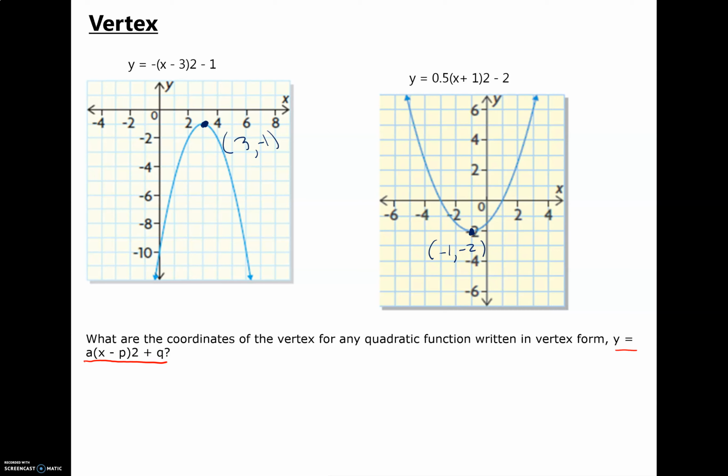Are you noticing anything if we look at the equation and if you look at the point value of that vertex? Is there anything you can see? Maybe you notice that the x value, whatever it may be, is that p-value inside the graph. Remember how we talked about how whatever that p-value is would be the opposite?